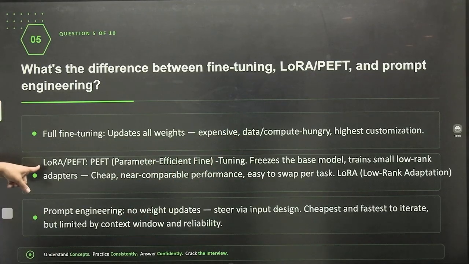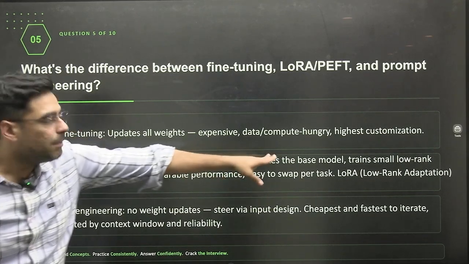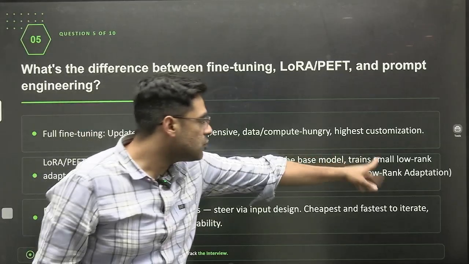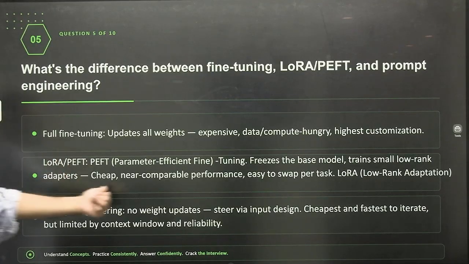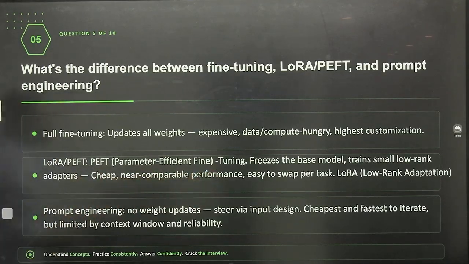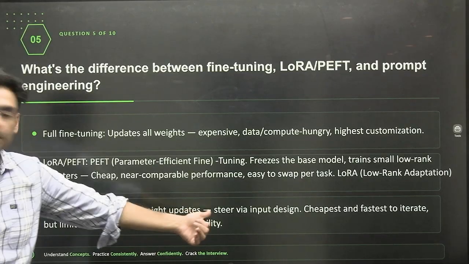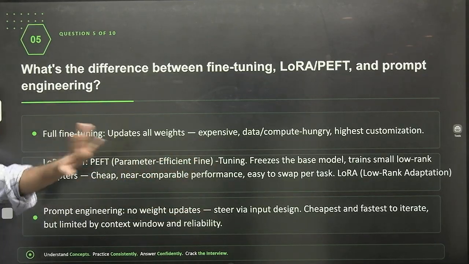But LoRA or PEFT, that is parameter efficient tuning using low rank adaptation, freezes the base model and trains small low rank adapters. So you should know that it freezes the base model. It is cheap, gives near comparable performance, and is easy to swap per task. In prompt engineering, no weight updates are there.